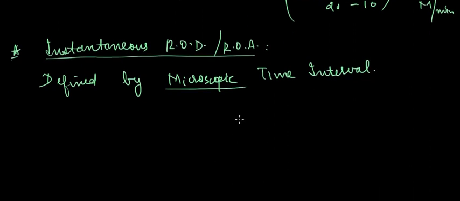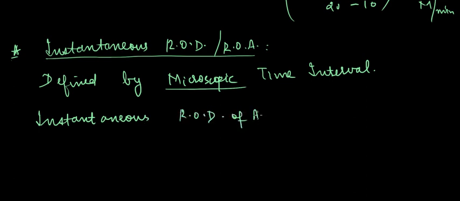Instantaneous rate of disappearance of A would be written as minus dA by dt.